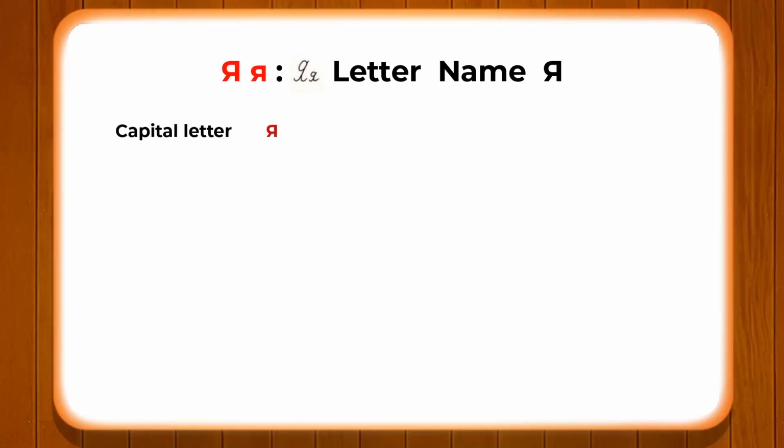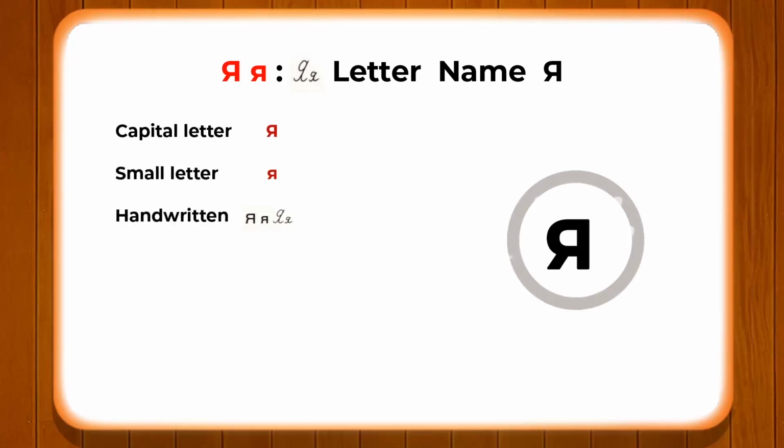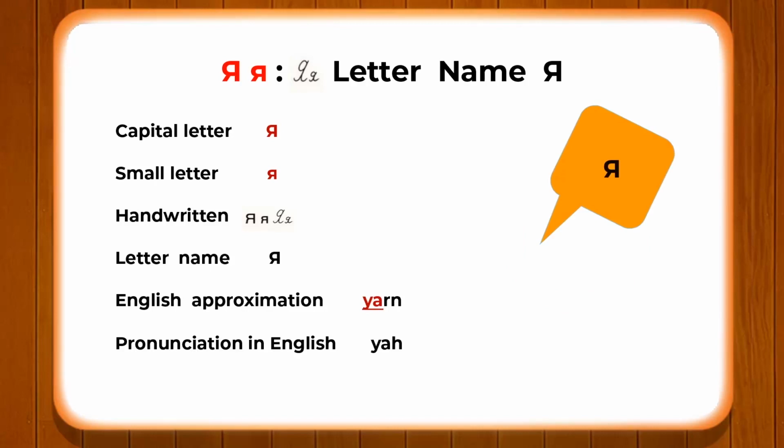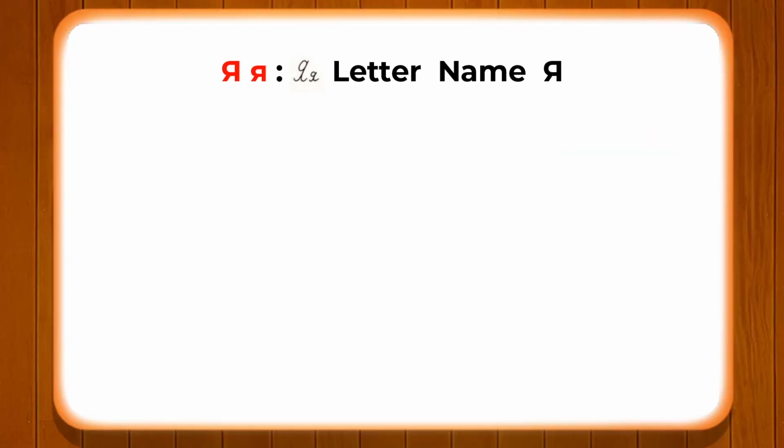Alright, so now this letter which is known as Ya is also very peculiar, you can see, and with the help of an English approximation word, Ya as in the word yarn. So this sound comes very close to the exact sound of the letter Ya.